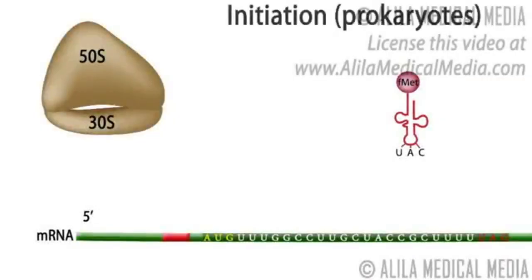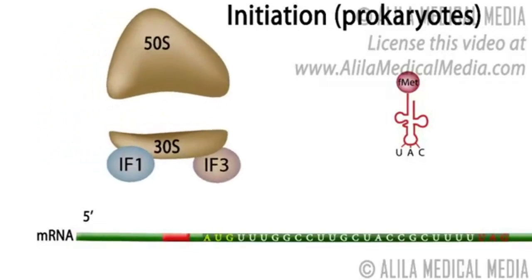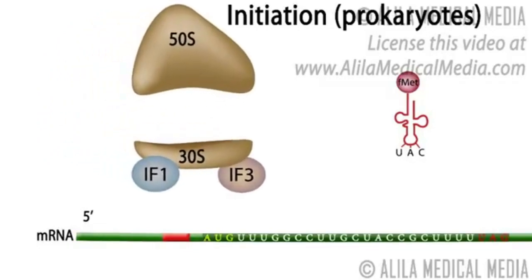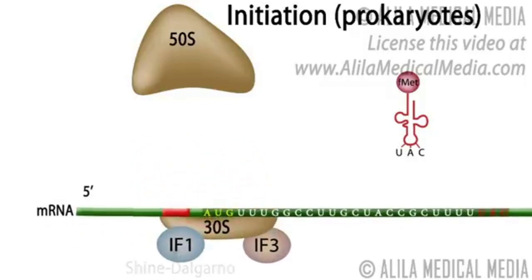Initiation of translation in prokaryotes. The small ribosomal subunit is separated from the large subunit with the help of two initiation factors, IF1 and IF3. This complex then binds to a purine-rich region, the Shine-Dalgarno sequence, upstream of the AUG start codon on the mRNA.